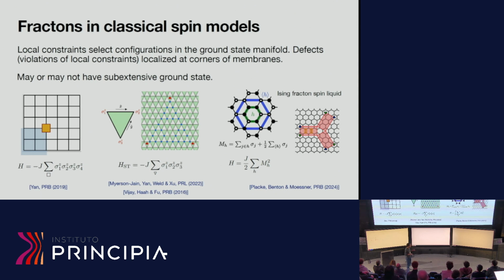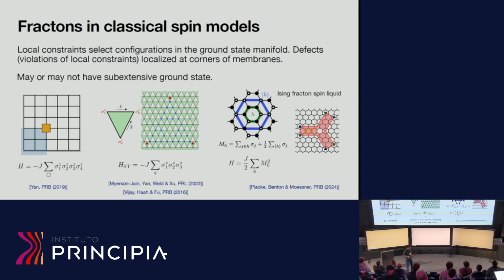But if you start flipping spins along a membrane, you can isolate these excitations, and then you can try and convince yourself that you cannot actually move this excitation here in yellow without creating additional excitations by starting to flip the spins.